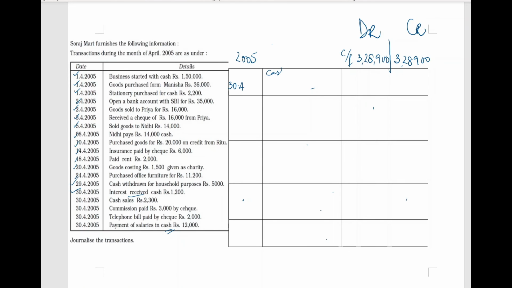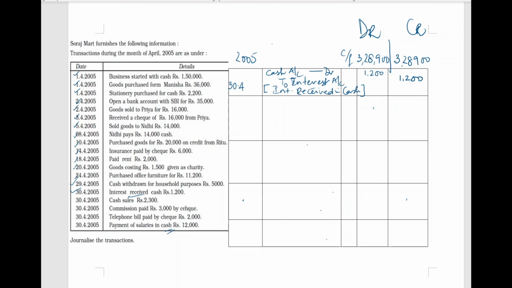So I'll say cash account debit to interest account. How much interest received? 1,200. And we will say interest received in cash. Okay, this is done.